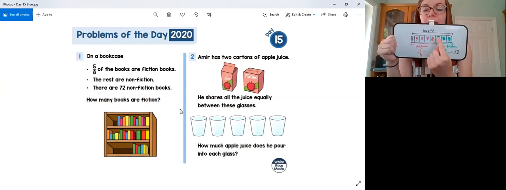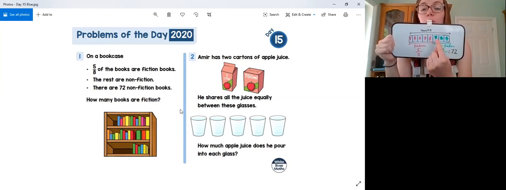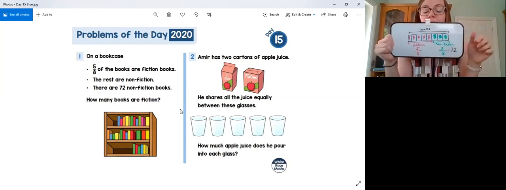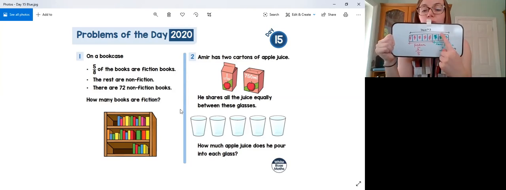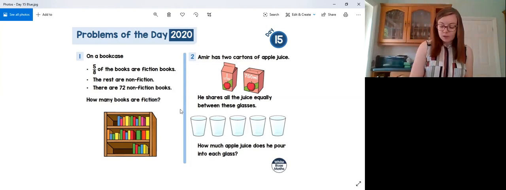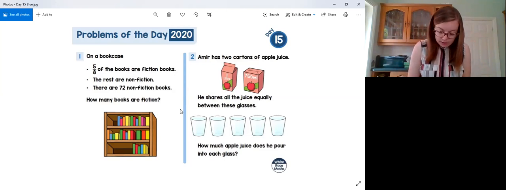Because remember, we know that each of these are equal. They are all 1/8. So we could divide 72 by 3, or share 72 between the 3 bits to figure out how much 1/8 is worth. So let's have a go at that. Let's do 72 divided by 3.